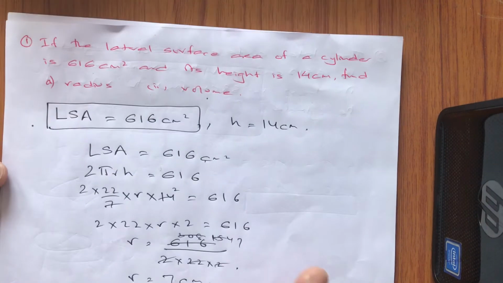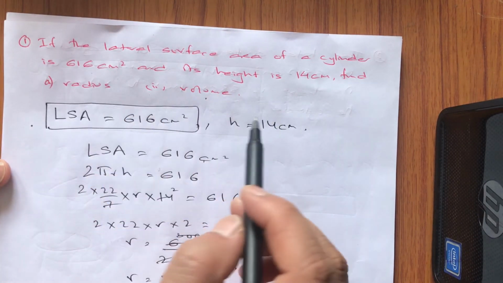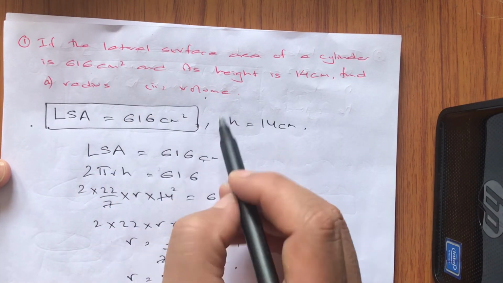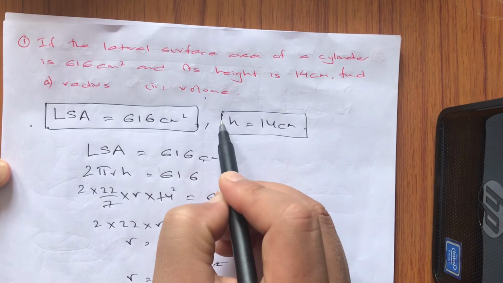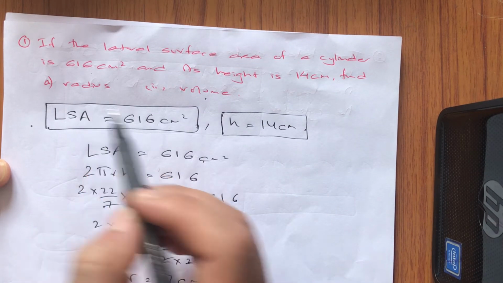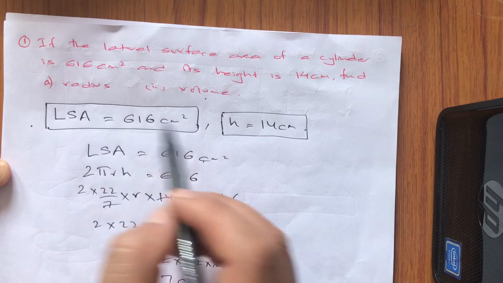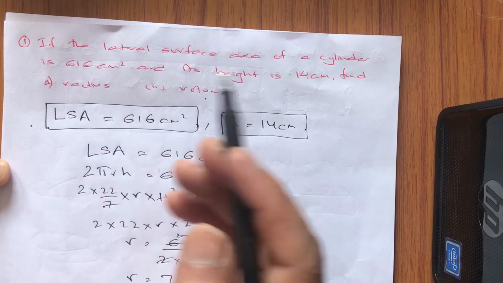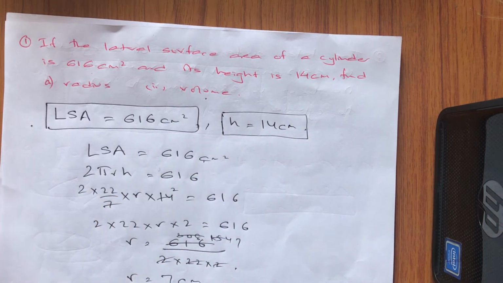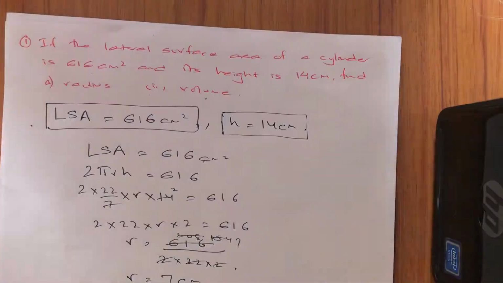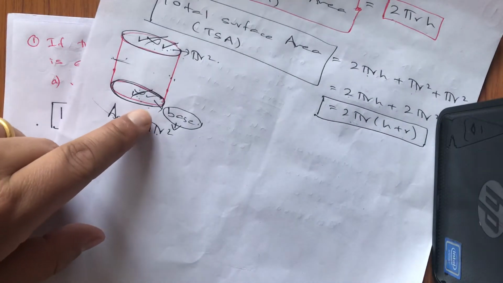It's very, very simple. You always start by writing the things that have been given in the question. After you jot down what has been given, check what else has been given apart from the height and the radius. They may give you CSA, they may give you total surface area, or they may give you the area of the base, like this is called the base I told you, and this is the area.